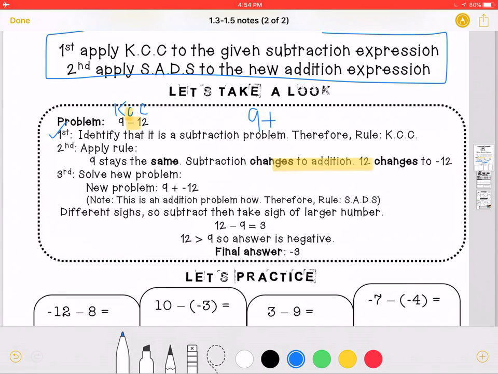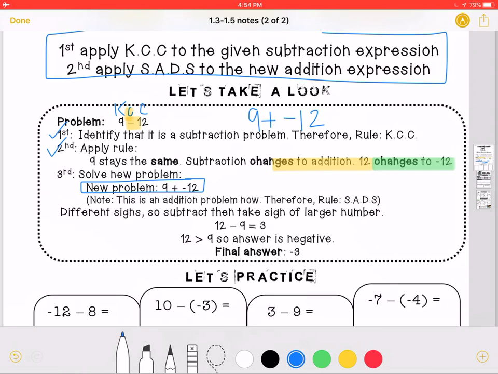And then I'm going to change that last number. It's a 12. Let's change it to a negative 12. We're going to change the sign. So now I have 9 plus negative 12. So that's my new problem.